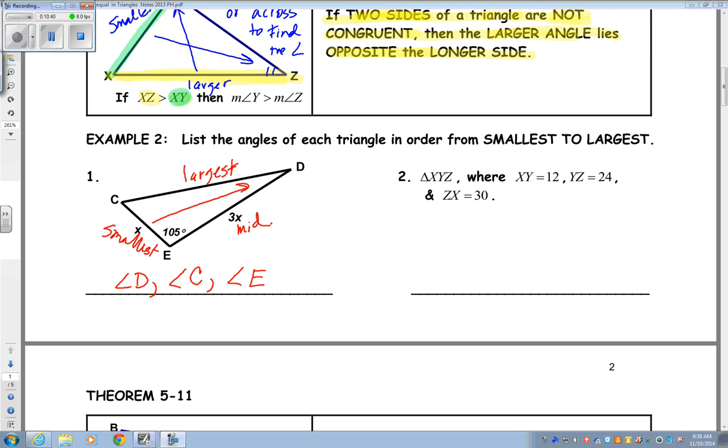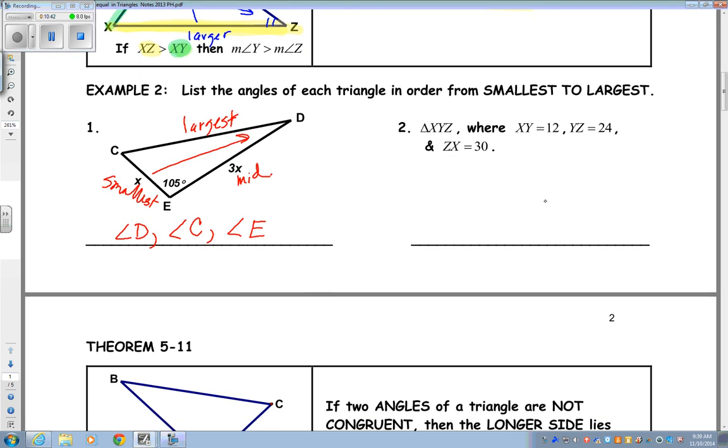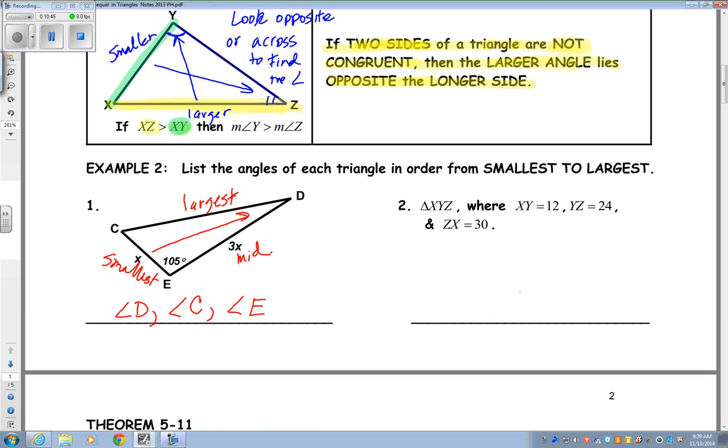All right, hopefully we're drawing a triangle. Oops, forgot this one doesn't work. We just need to label it X, Y, Z. And we know XY is 12. It might not be drawn to scale, but we're just going to get it labeled. YZ is 24.